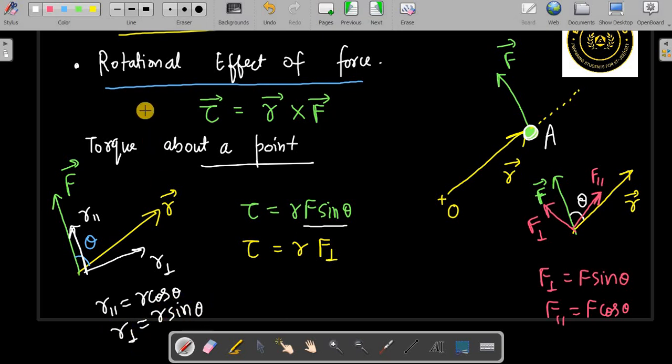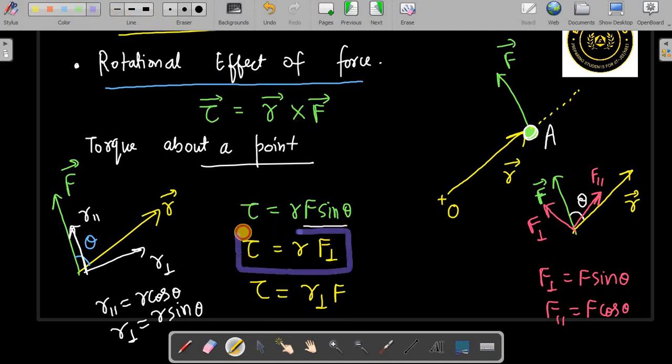You know the resolution, right? So the same torque formula can also be written as R perpendicular into F. So you can write torque as R into F perpendicular or R perpendicular into F. You can use either according to the conditions given in the question.